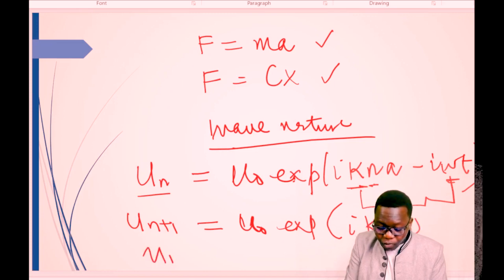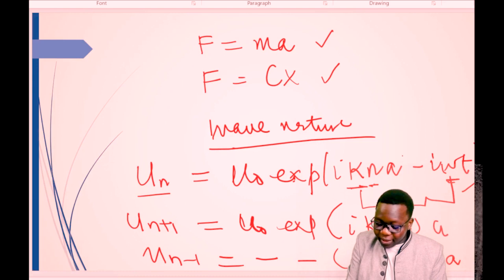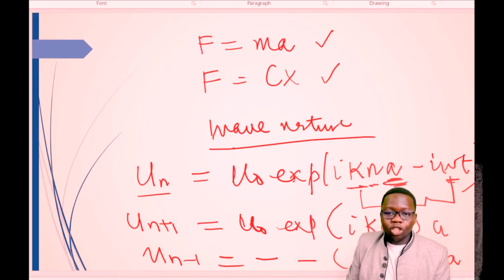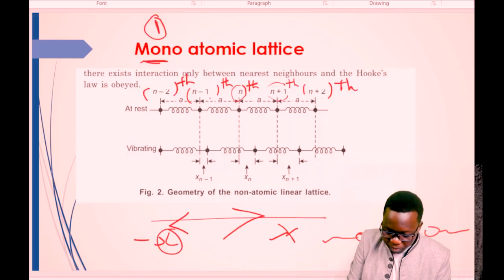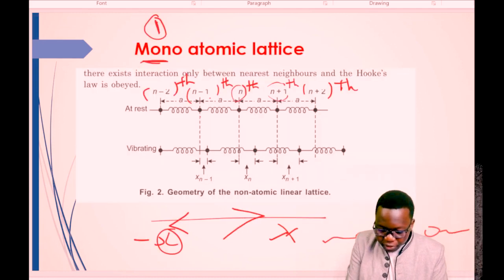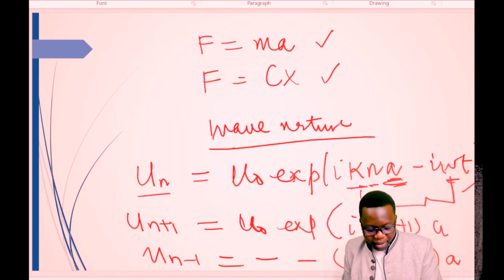And then the next one, n minus 1, will have the same amplitude, and this will be ik(n minus 1)a. So what is this a? This is actually the interatomic separation. What I mean by interatomic separation is this atom is separated from this atom by a distance a. That's what we mean by that.